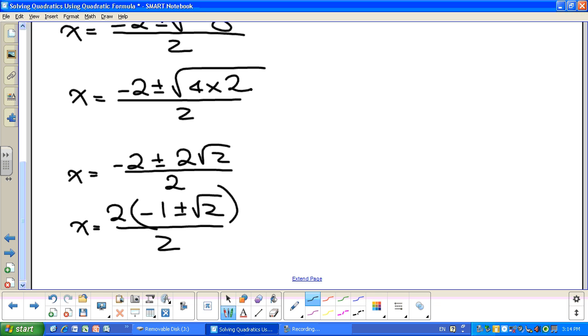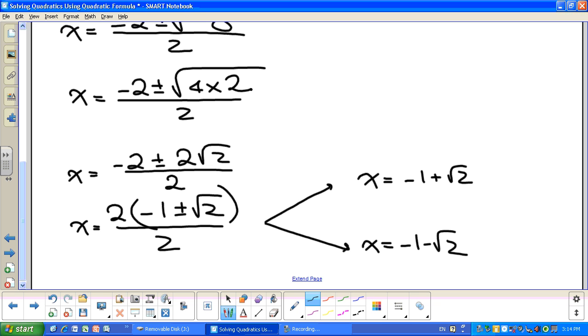So my two possibilities here are, the first one is x equals negative 1 plus square root of 2, and the second one is negative 1 minus square root of 2. We really like the exact solutions, but nothing stops you from doing the approximations, and you can do this at home.